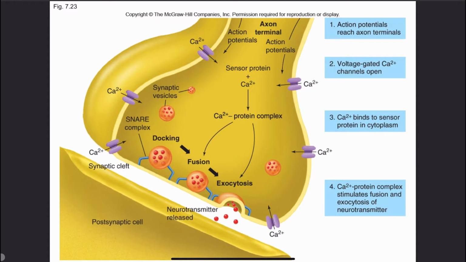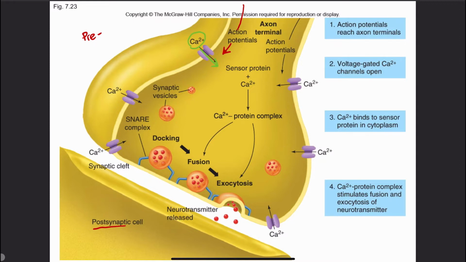And so this is showing you an example of a chemical synapse. Here you see a presynaptic neuron up top and a postsynaptic neuron down below. And you can see an action potential propagating down the length of the axon until it gets to the synaptic bulb. What's going to happen is voltage-gated calcium channels will open, which will cause calcium to rush into the synaptic terminal bulb.